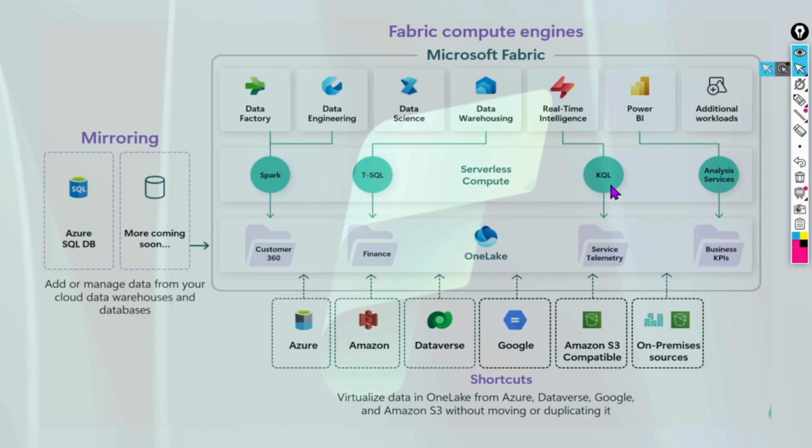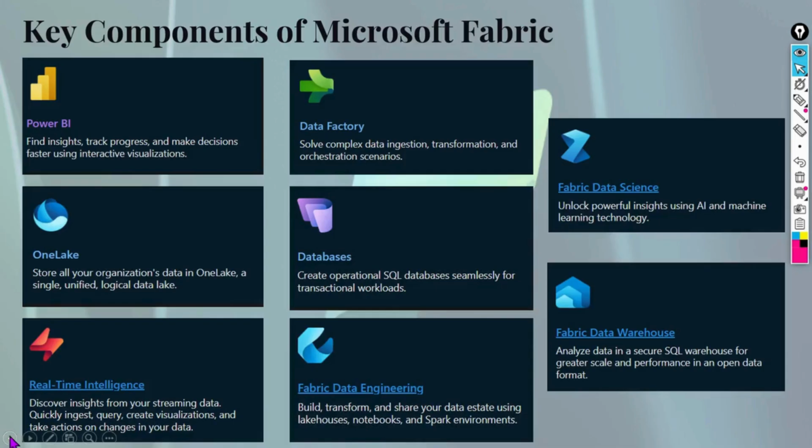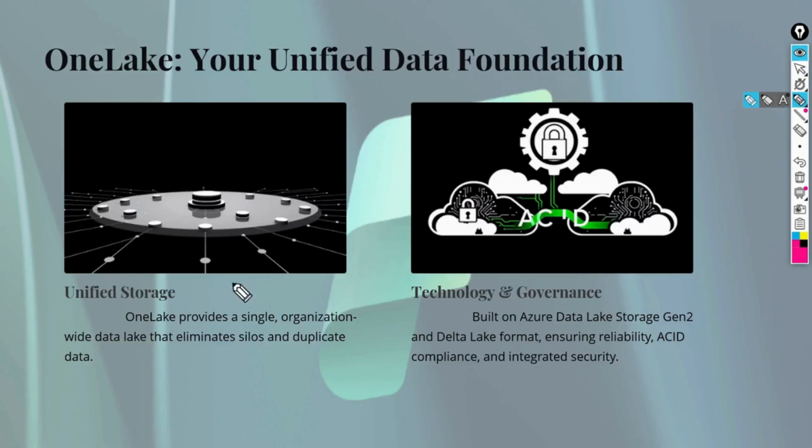This makes it much easier for anyone to work with different varieties of tools in a single platform. Here, you can simply see it's a unified storage. OneLake provides a single organization-wide data lake that eliminates silos, as we have talked about. While sharing, it also allows you to use technology and governance of data: where to share, whom to share, how to share.